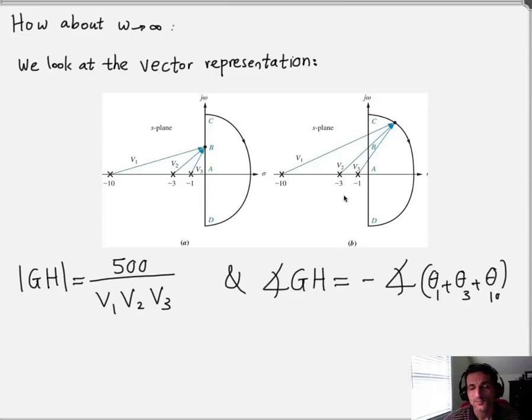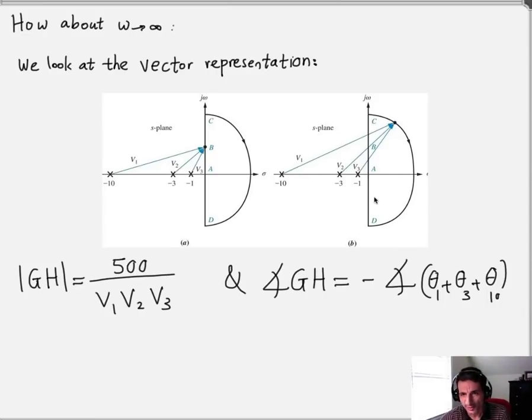All right. So now, when you consider the case of infinite frequency, you're really going to let s go to infinity. In that case, s is just going to be very far away, and you're interested in knowing what v1, v2, and v3 are, and so what these three phase angles are. If s is on the j omega axis but very, very far away from the origin, all these three phase angles are just going to be 90 degrees.